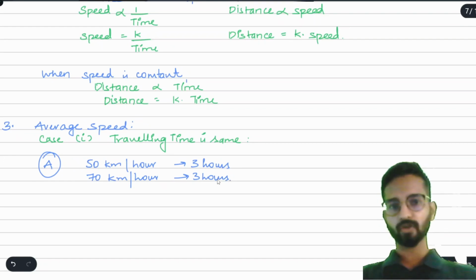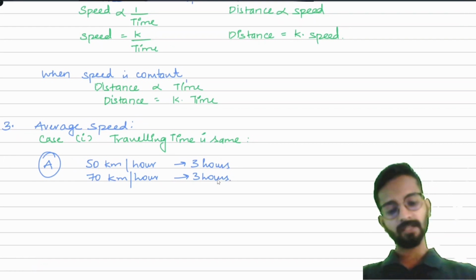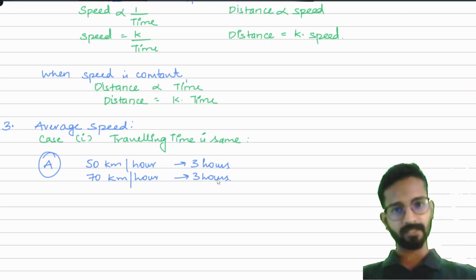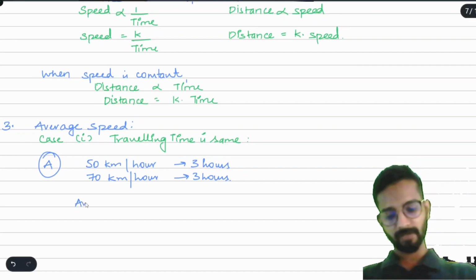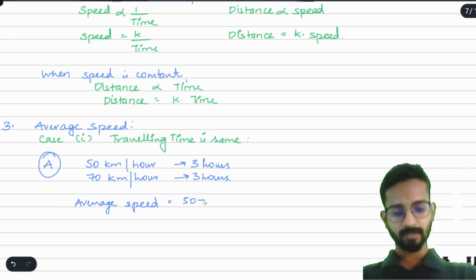First he drove at 50, then he drove at 70. He drove at both speeds for the exact same time, 3 hours and 3 hours. So if now we want to find the average speed, how will we find it? Very simple. Average speed will be 50 plus 70 by 2, that is 60 kilometers per hour.